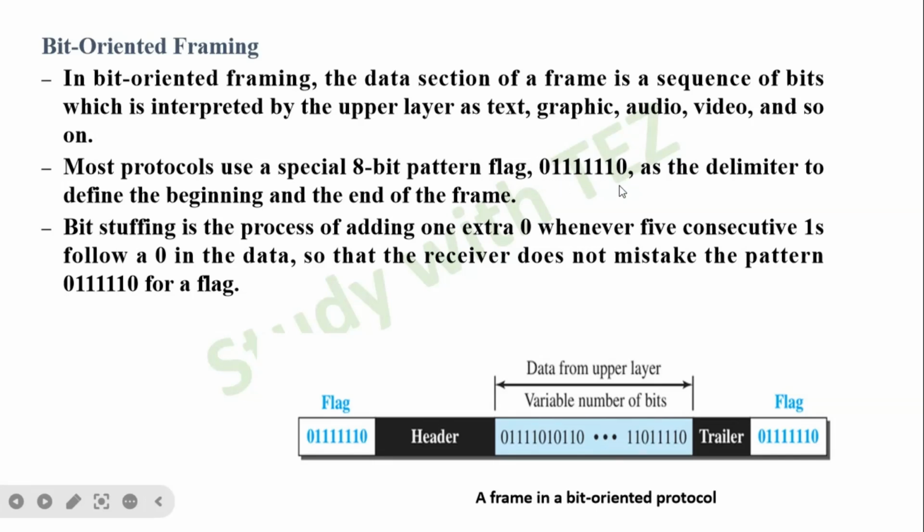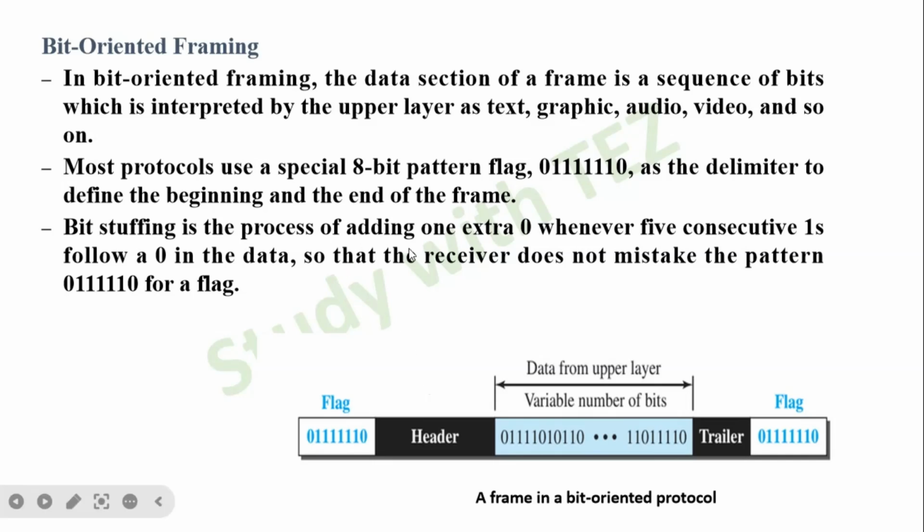That is 8 bits, that is 1 byte. This is a special 8-bit pattern that is used as the flag, and it will mark the start and end of the frame. But what if this pattern occurs again in the data? We will have to mark that too, so it is not confused as the flag. That's the reason we use bit stuffing.